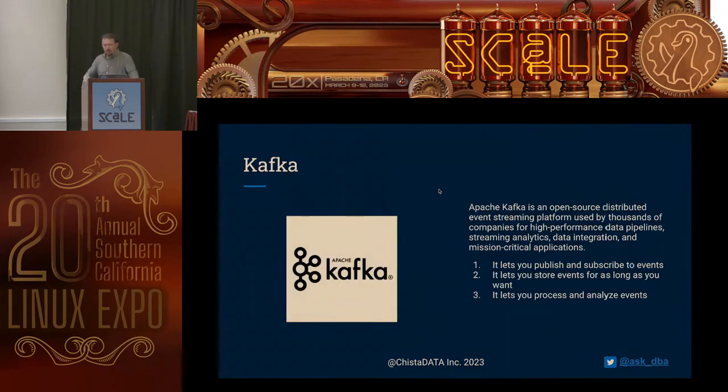So going back to our workflow, the second step is Apache Kafka. It's another open source distributed event streaming platform. Kafka takes everything as an event, and it lets you publish and subscribe to those events. They call it a topic, actually.